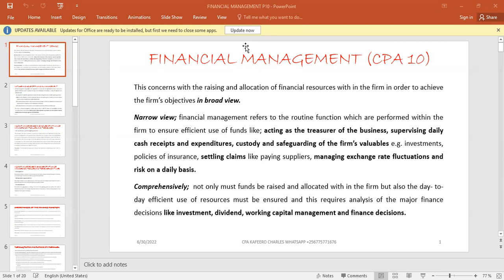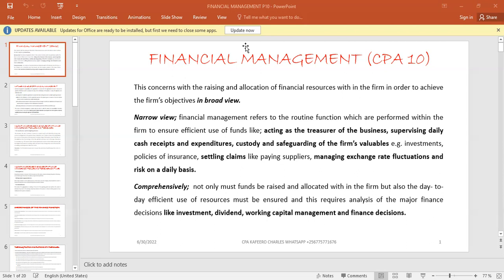So in the narrow view, financial management refers to the routine functions which are performed within the firm to ensure efficient use of funds. These are some of the activities we expect.